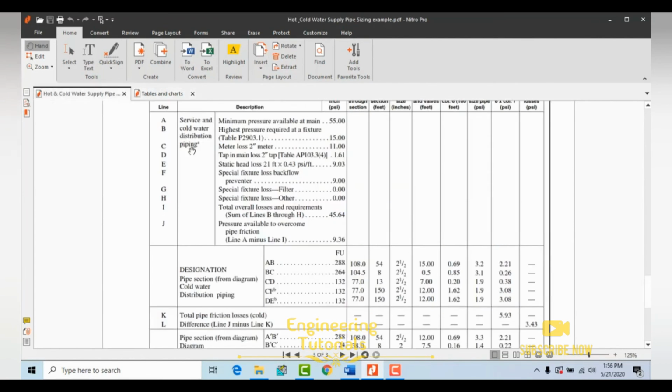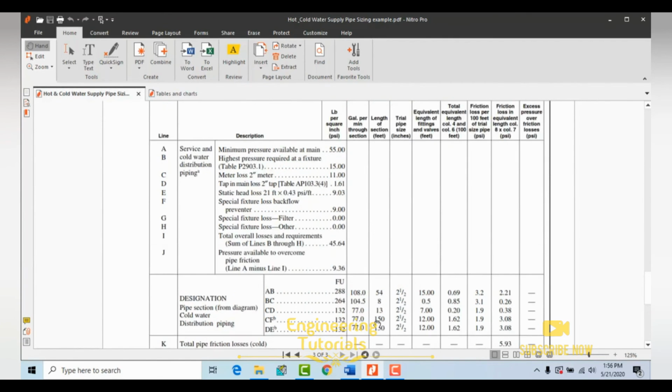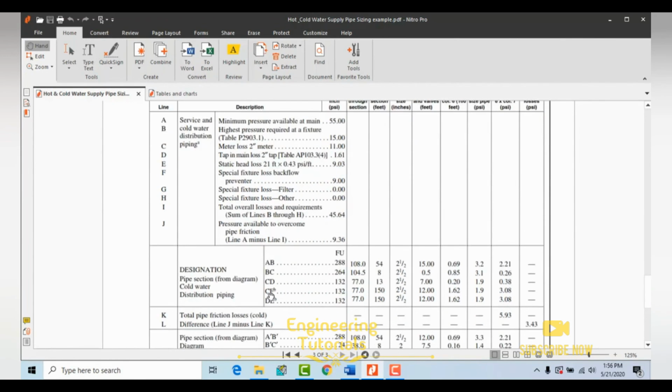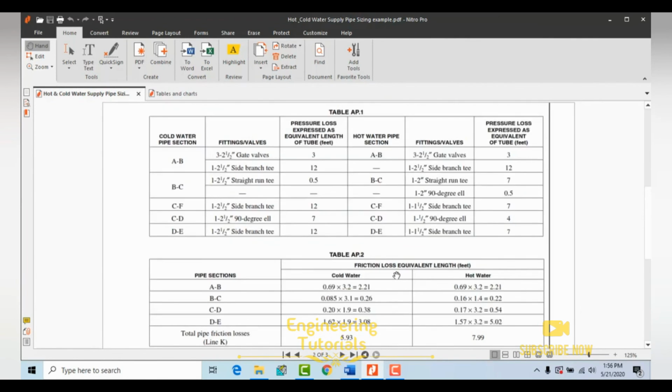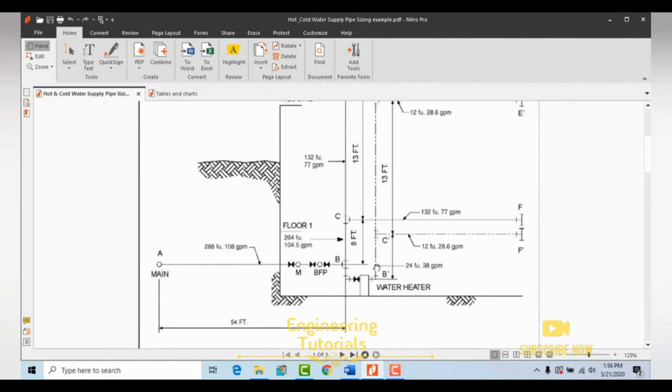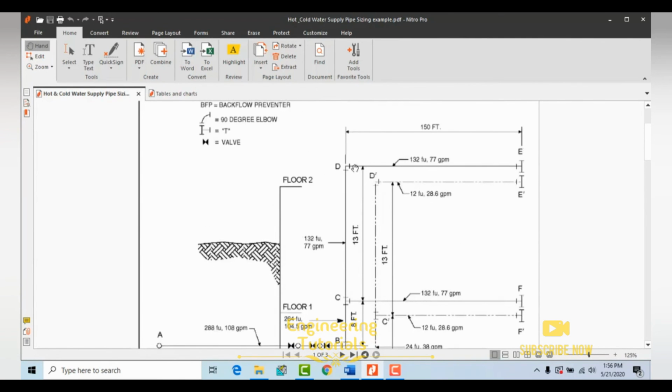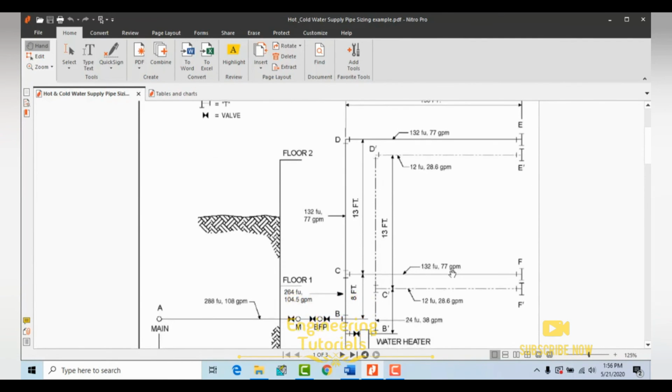The same way you have to check for 132, and you will get 77 GPM for each. So now we need to check the length of each section: A to B, B to C, C to D, D to E, and C to F. A to B is 54, B to C is 8, C to D is 13, D to E is 150, and C to F is 150.